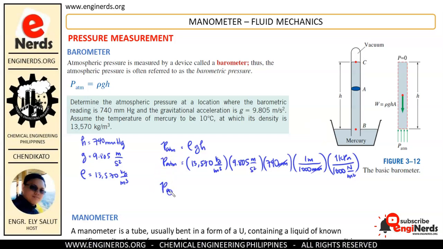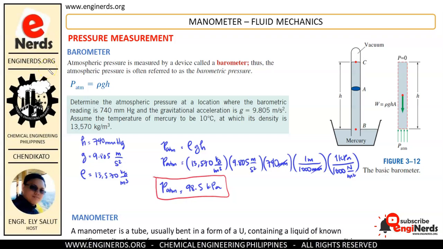So, our atmospheric pressure is equal to 13,570 times 9.805 times 740 divided by 1000 and again divided by 1000, which is equal to 98.5 kilopascal. And this is our final answer for this problem.